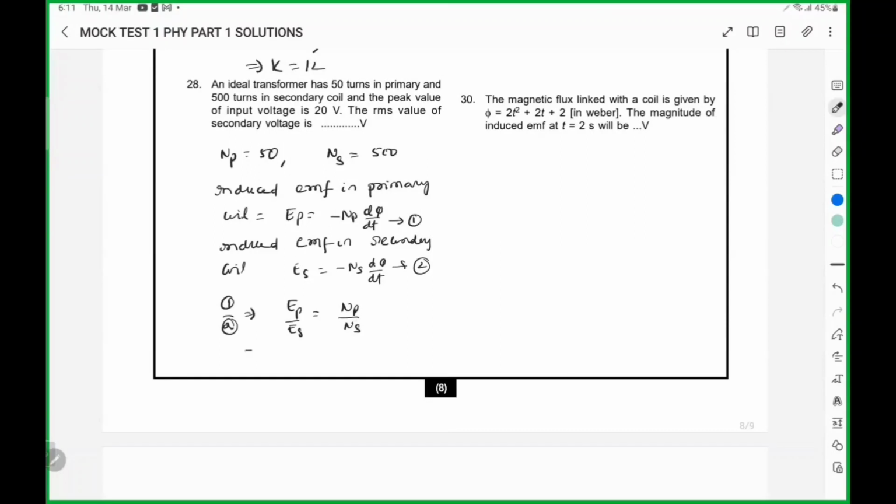Here EP is the input voltage by V output, primary 50 turns, which is 200 volts.